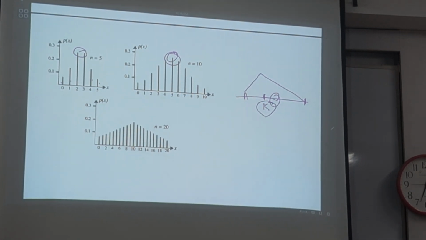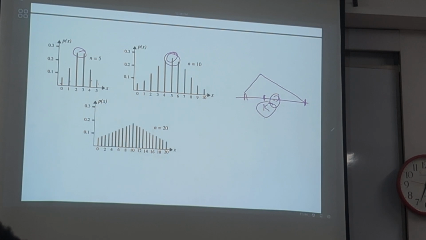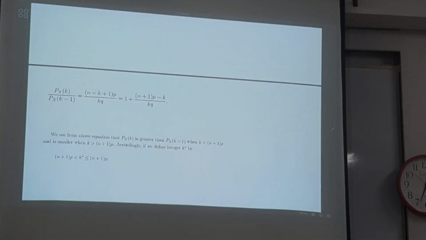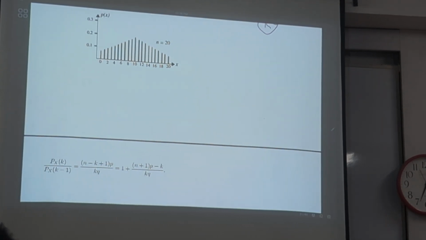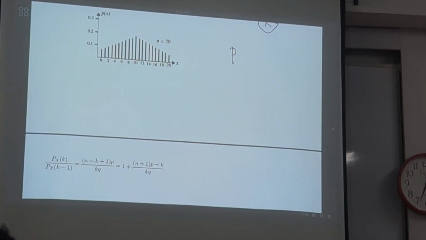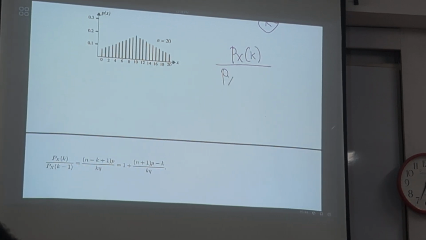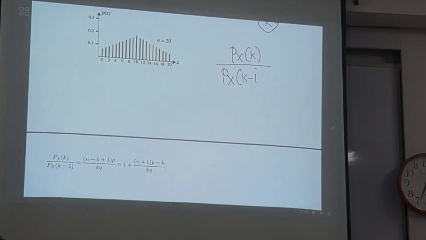What difference does it make? Actually, if we compare this quantity, you can see the PMF of x for the value k and the PMF of x for the value k minus 1.